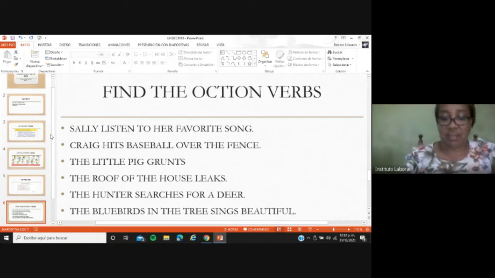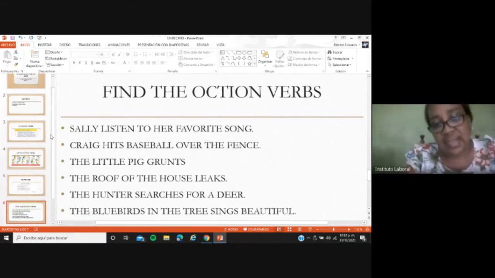Okay, we want to see the next page. In page 18, we have some sentences where we're going to find the action verbs. Before that, we have actions in pictures: die, run, jump, sleep, swim, dance, jump, stand, speak.